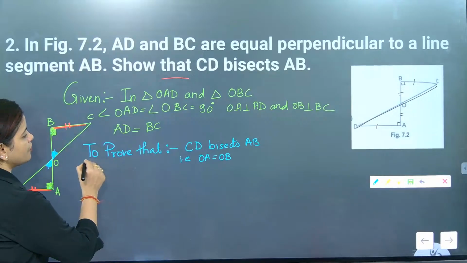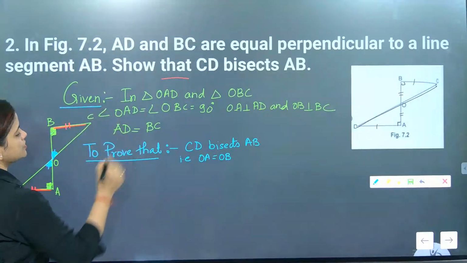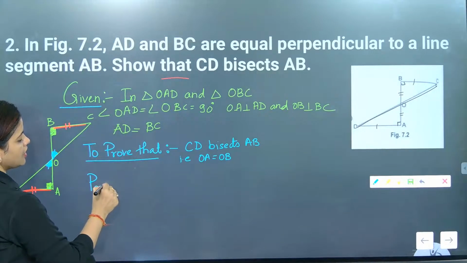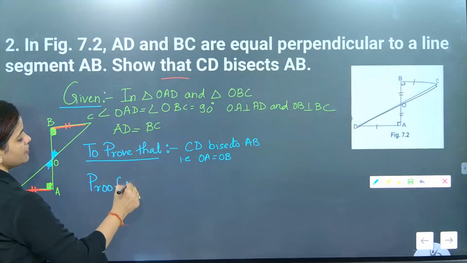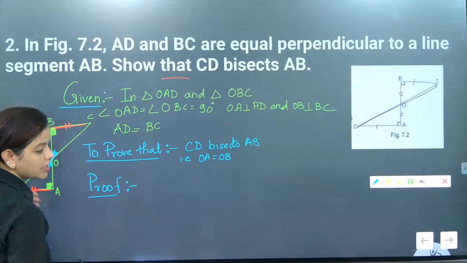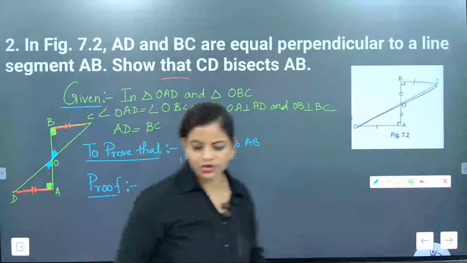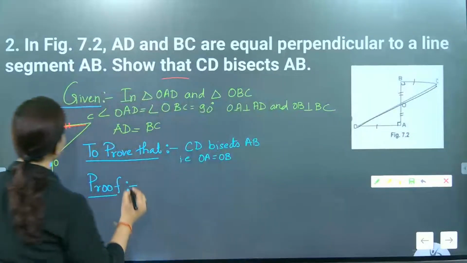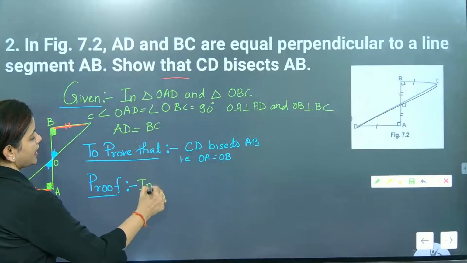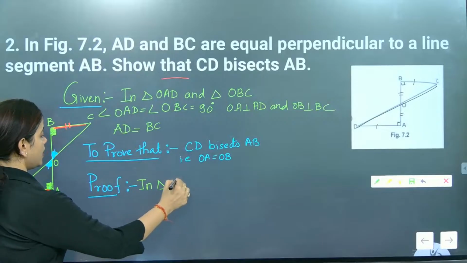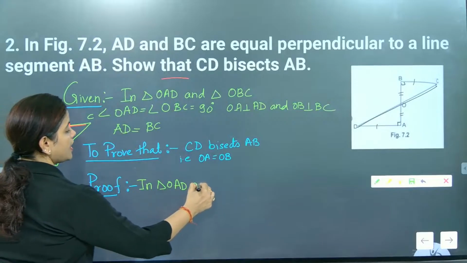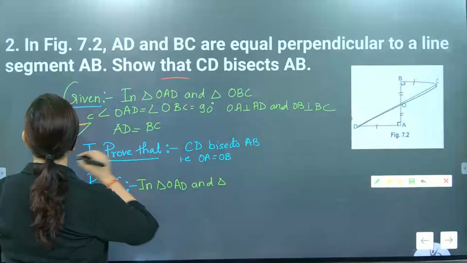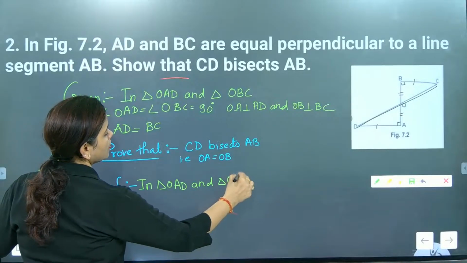This is given. This is to prove. Now we will start our proof section. In geometry, be very specific and write to the point. Presentation should be very neat, very well presented. Now beta, we will take the triangles OAD and OBC.